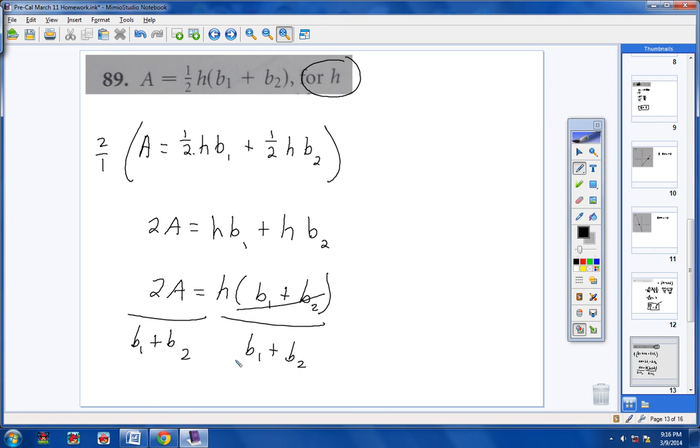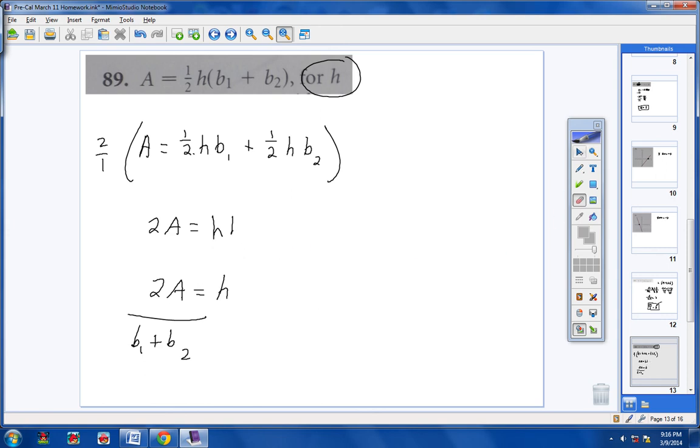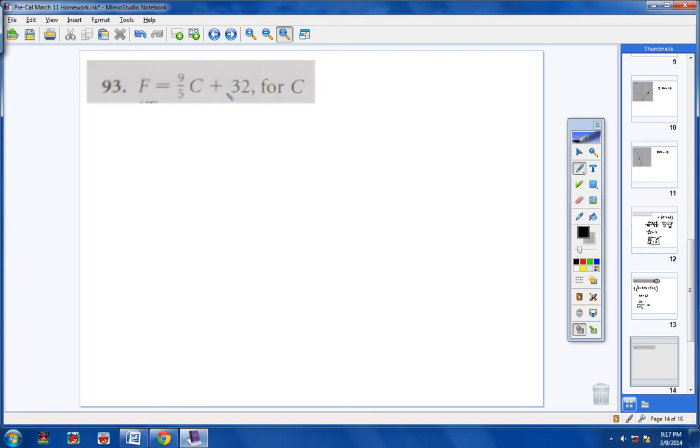And of course this group cancels with this group, so it's totally gone, and we're left with h equals 2a over b subscript 1 plus b subscript 2. Okay, not too bad. Alright, number 93.